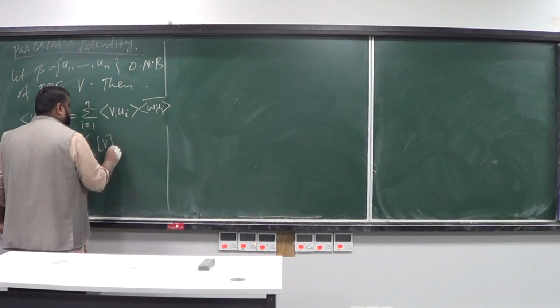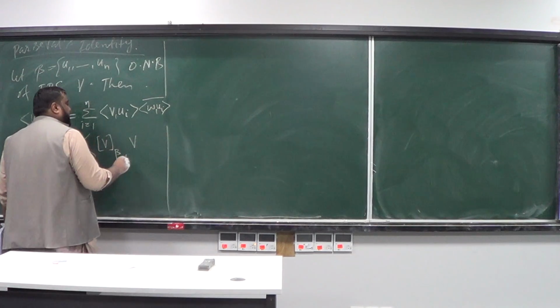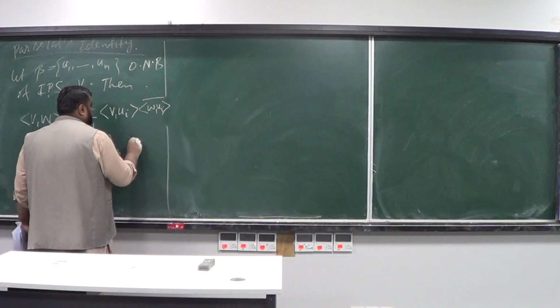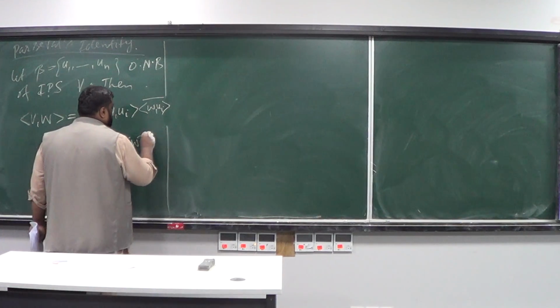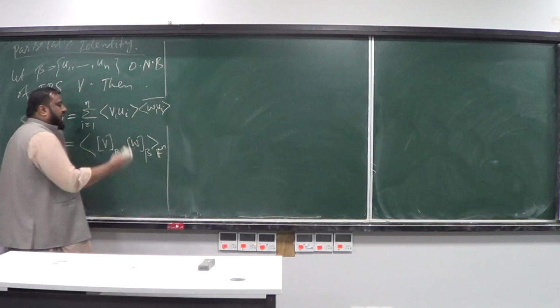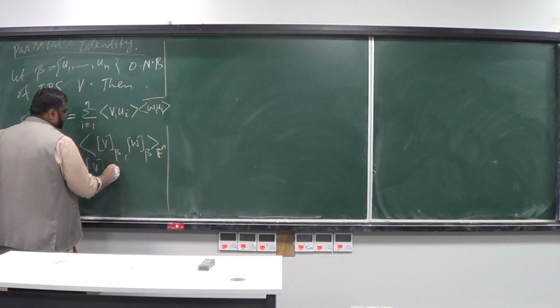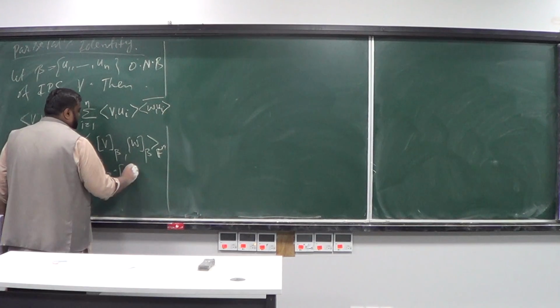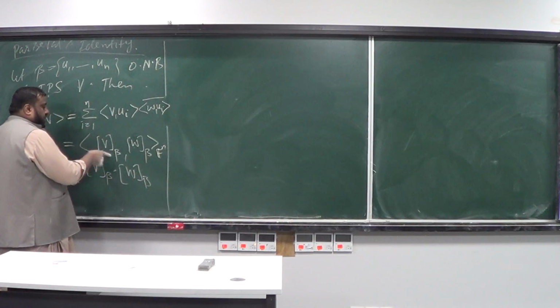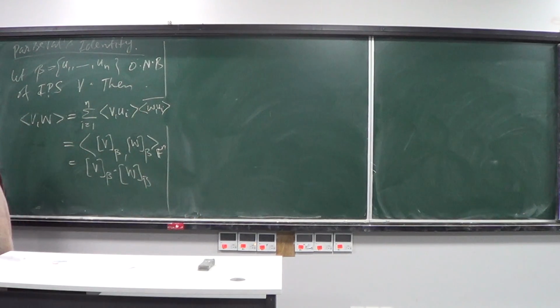Compute the coordinates of v with respect to the basis beta, compute the coordinates of w with respect to the basis beta, and compute their inner product in Fn, in other words Rn. Simply take the dot product of v with w. I know that it's a 1 by n vector, this is a 1 by n vector, so simply take their dot product in Fn. So this is going to be really the inner product in V.